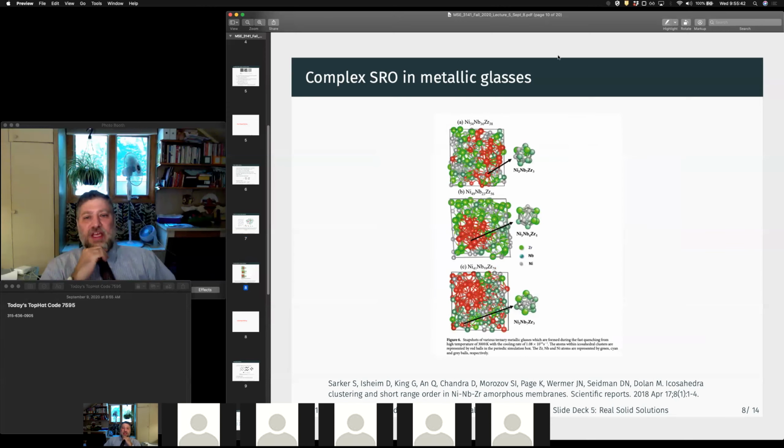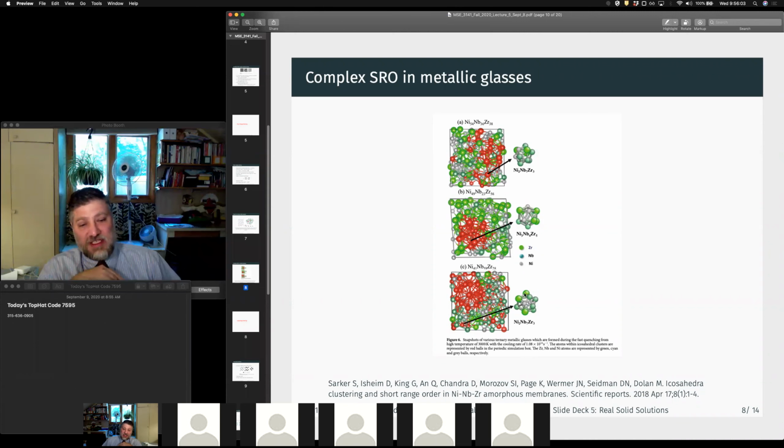You can have really complicated short range order in systems like metallic glasses, these nickel, niobium, zirconium metallic glasses, which are potential catalyst materials.